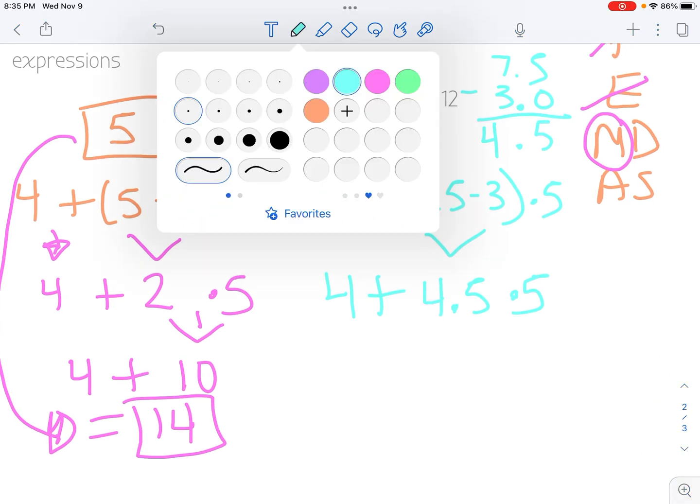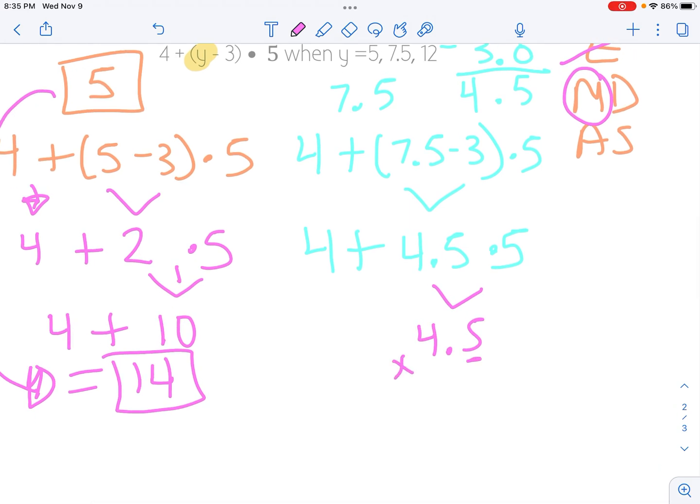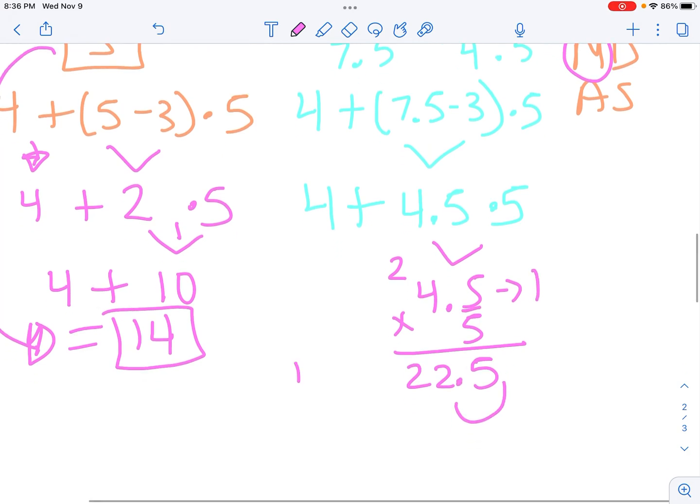My next step with PEMDAS is to multiply. 4.5 times 5. 5 times 5 is 25. 5 goes down, 2 goes up. 5 times 4 is 20, plus 2 is 22. I have one digit after my decimal place, so I'm going to move my decimal over one time.